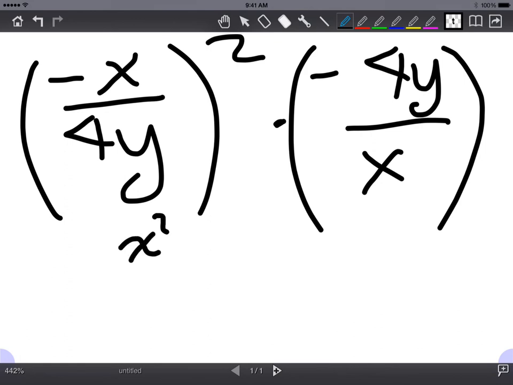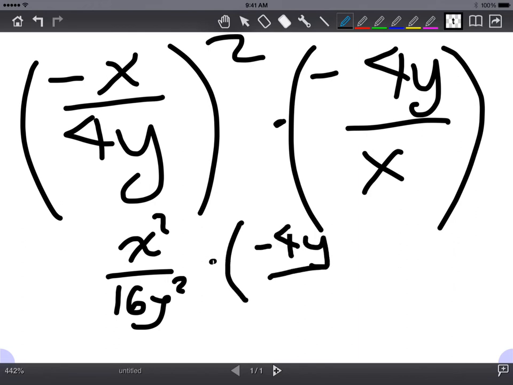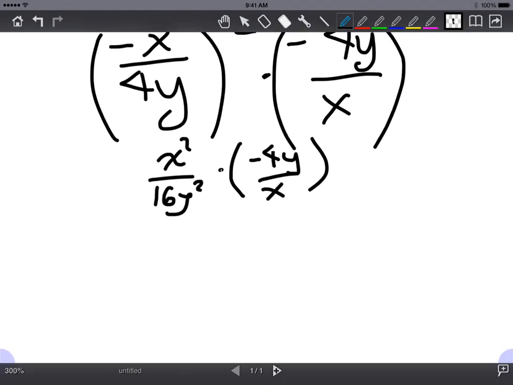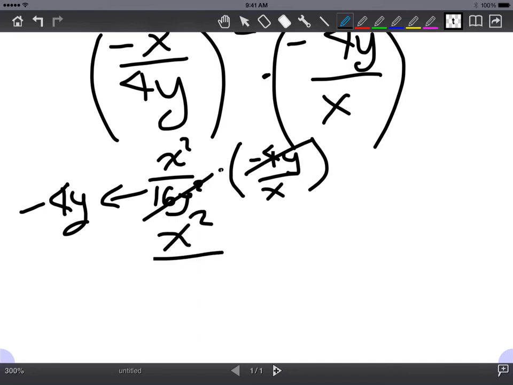We get x squared over 16y squared into negative 4y over x. And now what we can do is divide through a common factor of negative 4y. So then we get x squared over negative 4y times 1 over x.